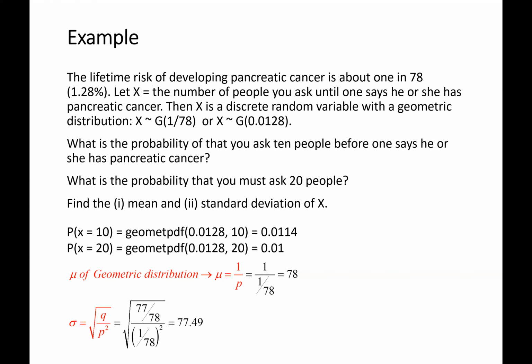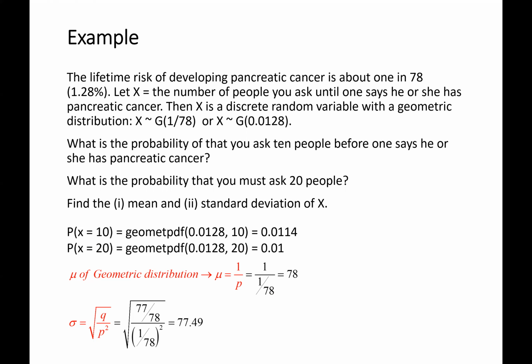X is a discrete random variable with a geometric distribution because you start sampling people and they say no, no, no, no, no, yes. And when you finally find someone who says yes, you stop with your sampling. You don't ask the next person. For some reason, you're interested in finding someone who has pancreatic cancer.